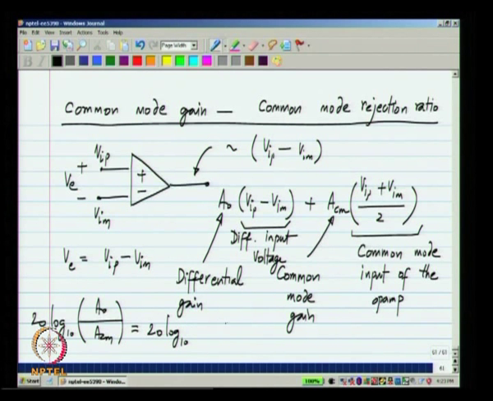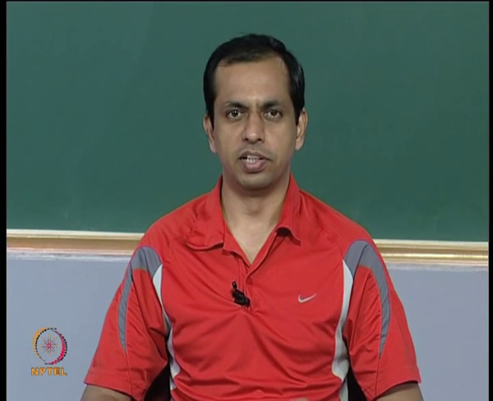Let us say the value of A naught is 1000 and the value of ACM is 0.1, then the common mode rejection ratio will be 80 dB. Okay. So, you can see that the ratio A naught by ACM represents how large the differential gain is compared to the common mode gain. So, that is called the common mode rejection ratio and it is represented in dBs. Okay. And this is also part of the op amp data sheet.